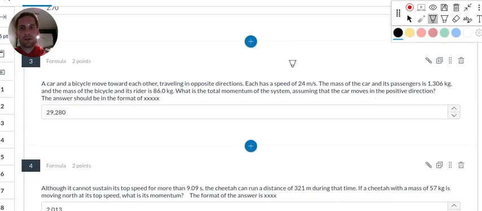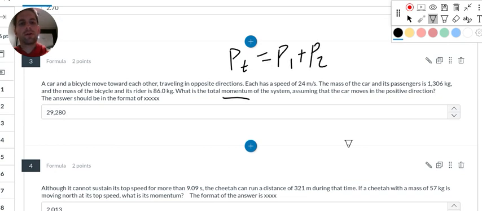We have a car and a bike moving toward each other in opposite directions. So we want the total, so we use this equation, P total equals P1 plus P2. That means that each P has a separate momentum, a separate mass and velocity.